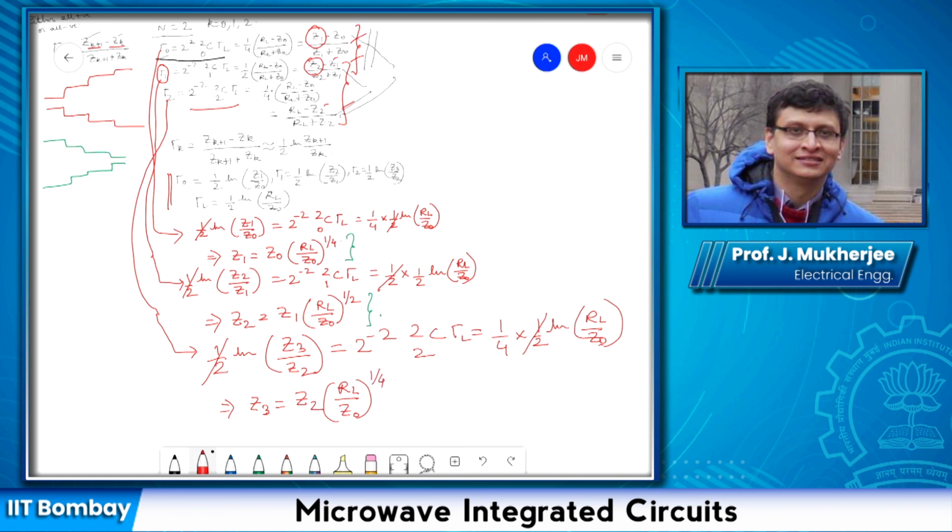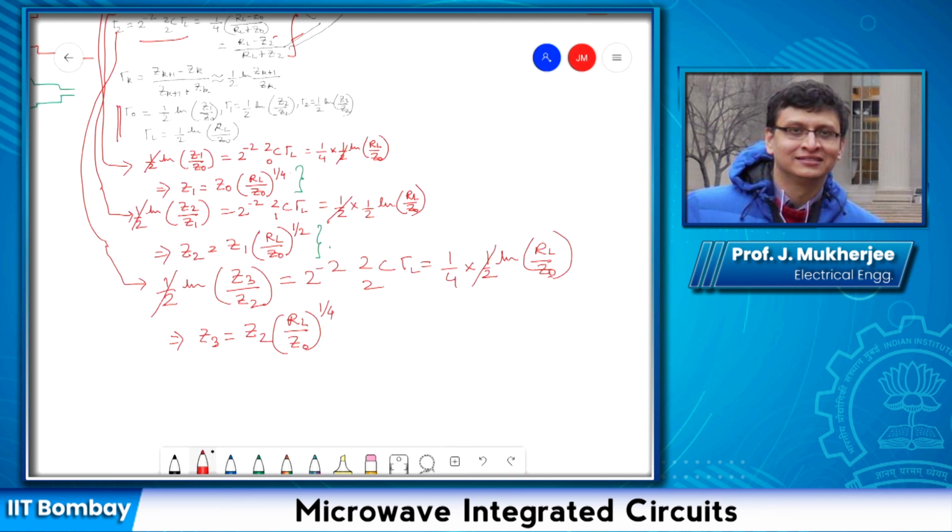Now in order for all three equations to give a consistent solution, if I substitute the value of Z2 that I obtained from this equation and put it here, then the left hand side and right hand side should match. Let us see whether that is happening or not.